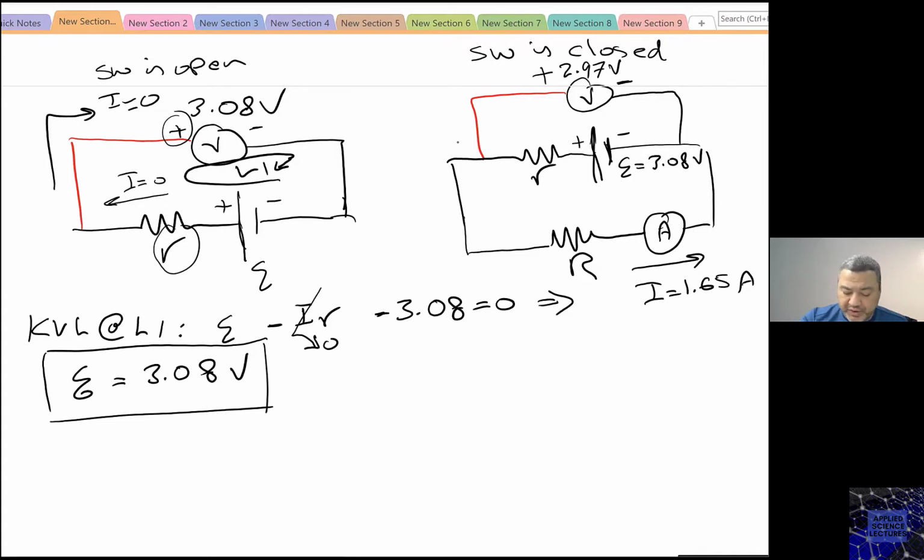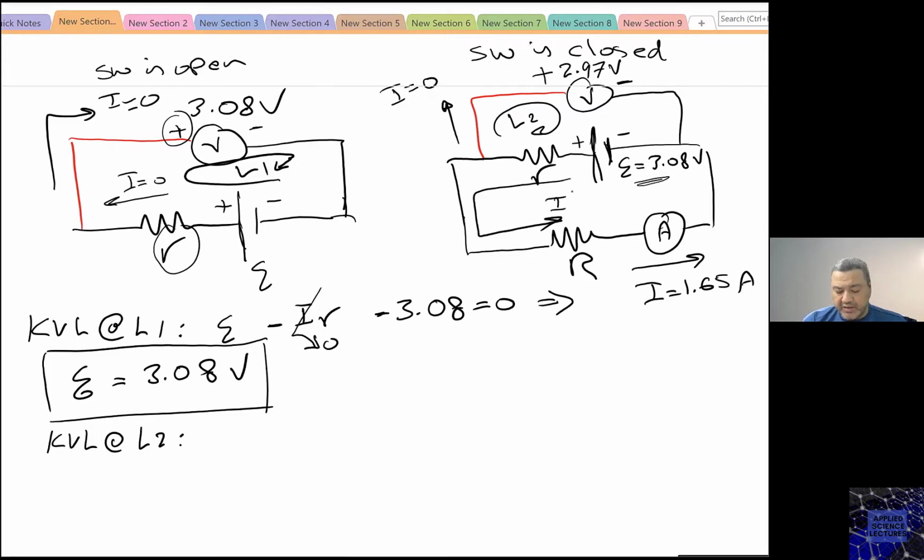Always remember that the current entering the ideal voltmeter is zero, no current. So now if I do a KVL, I know this voltage, I can find the voltage here. If I do this KVL at loop 2, here the current 1.65 is flowing this way.